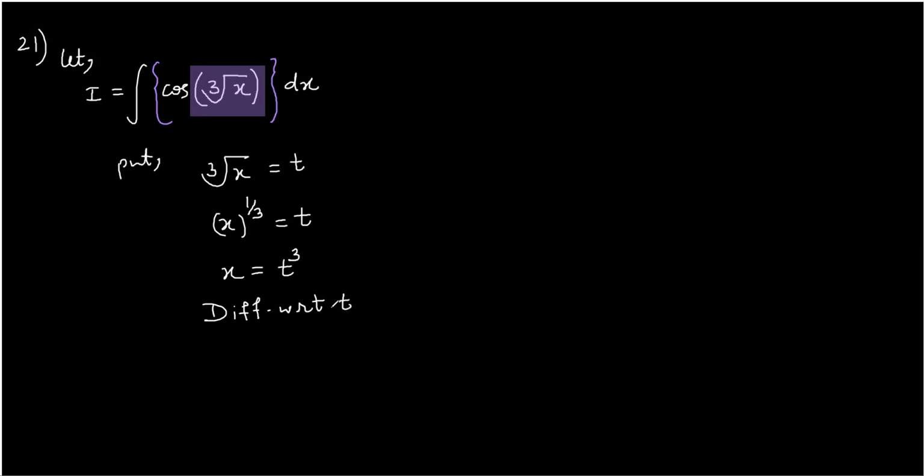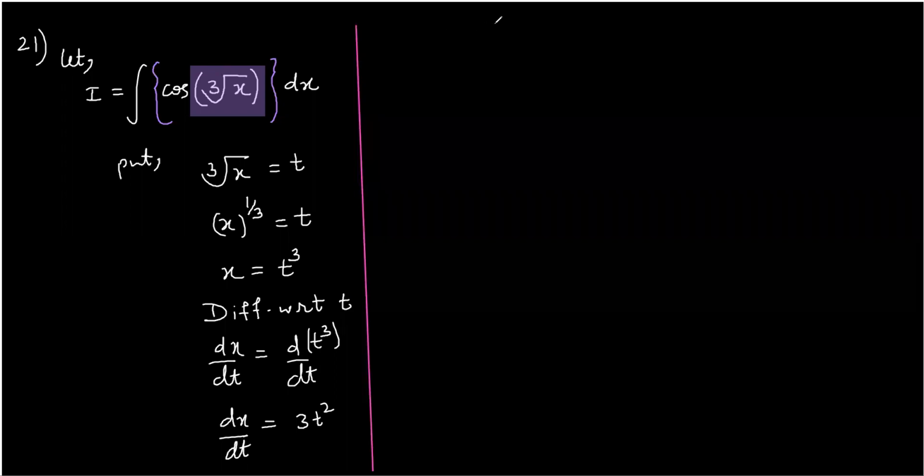So I will differentiate with respect to t. I get d by dt of x equals to d by dt of t cube. So here you get dx by dt equals to d by dt of t cube is 3t square. You get 3t square.